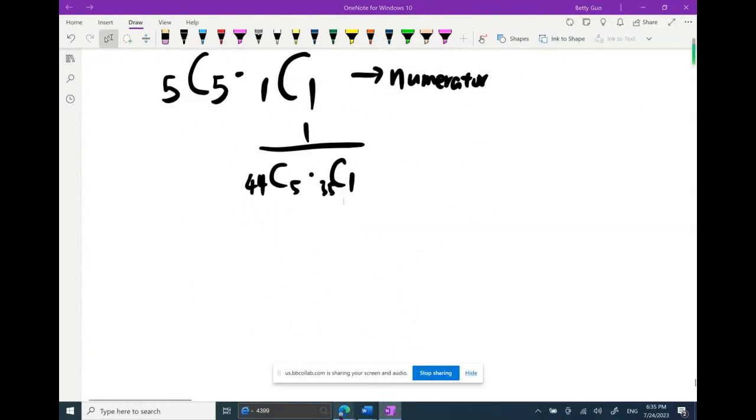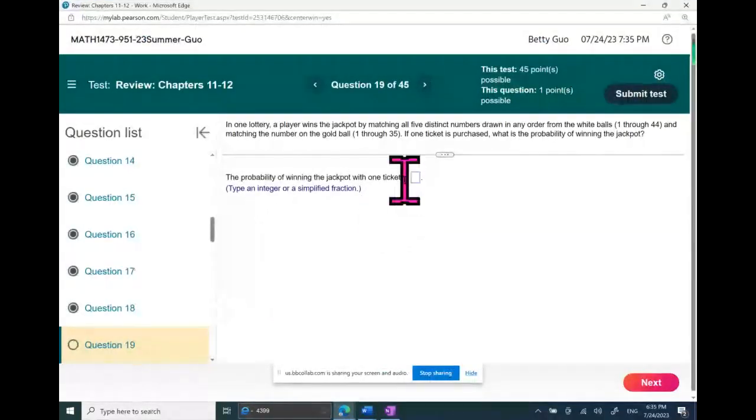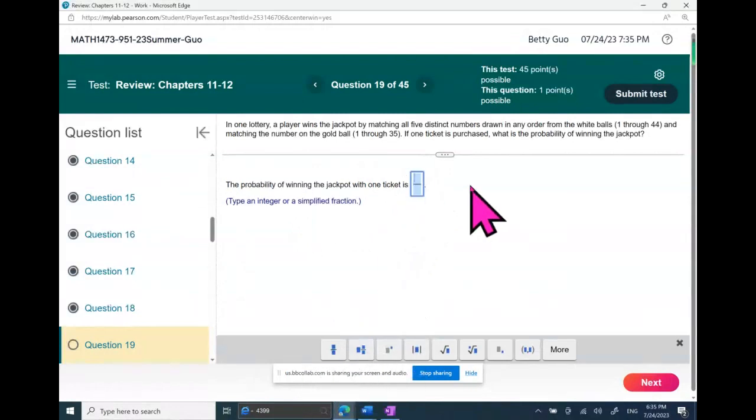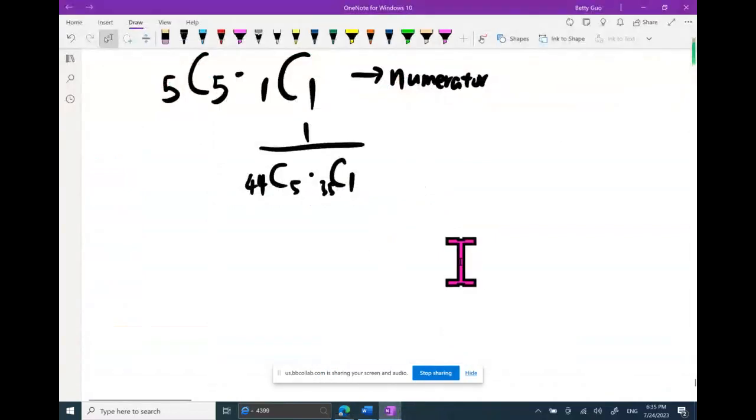So let's see what the number is. We're going to type a simplified fraction. Numerator is 1. Denominator: go to the calculator. Enter 44. And then math, probability, nCr, 5.